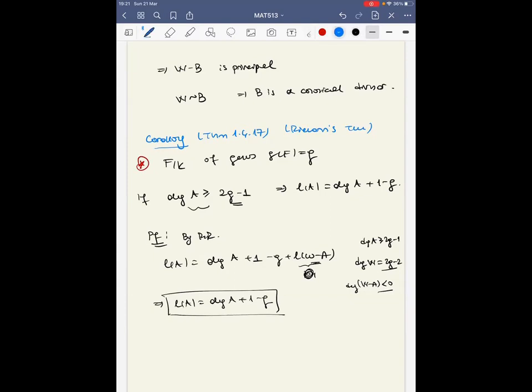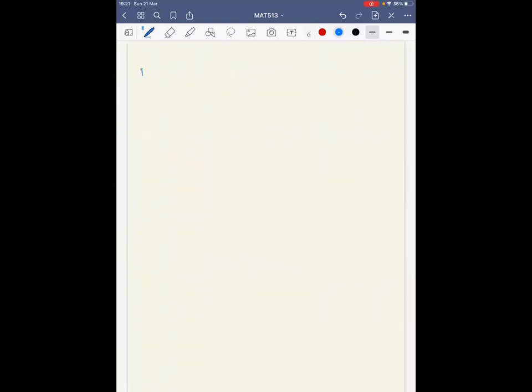And for this purpose, first, let me consider the rational function field. And indeed, we will see that it has genus 0 and it contains a degree 1 divisor.